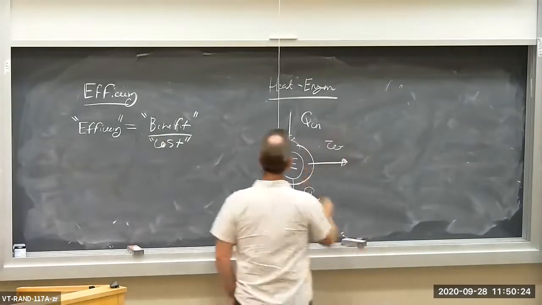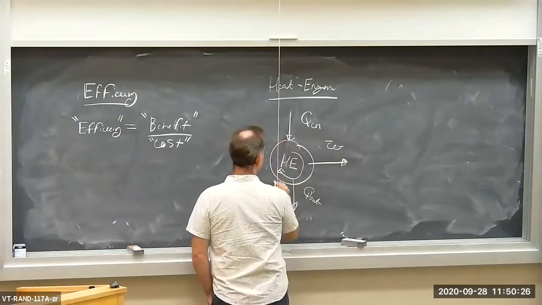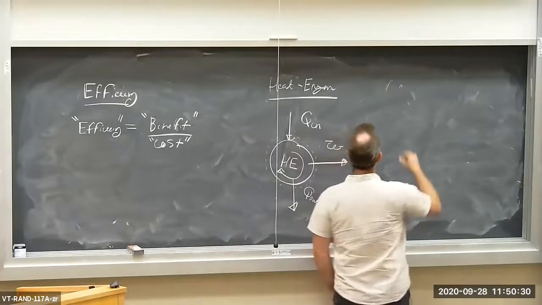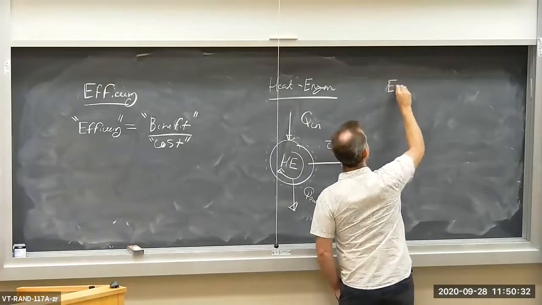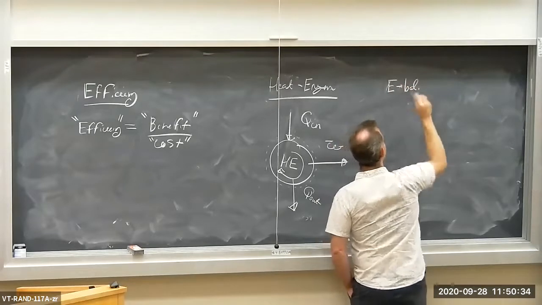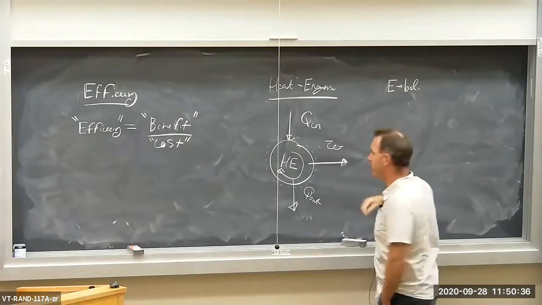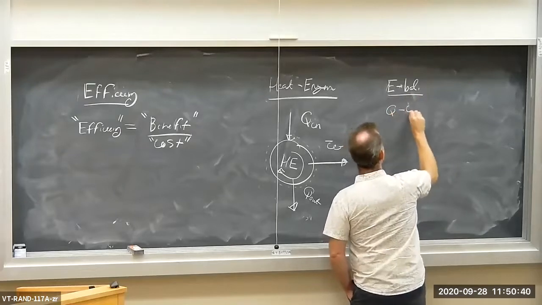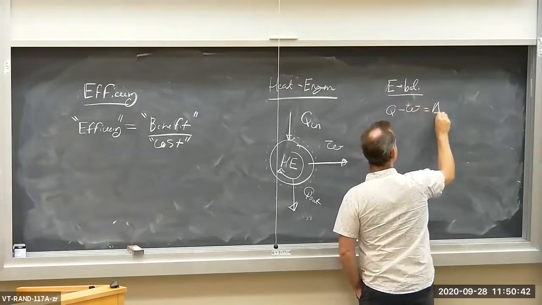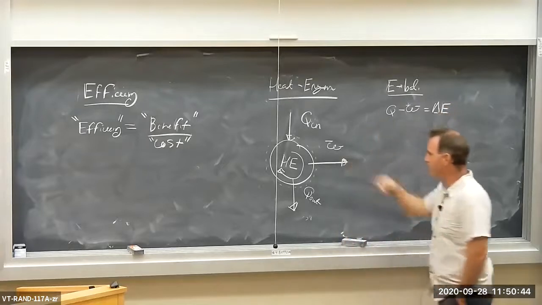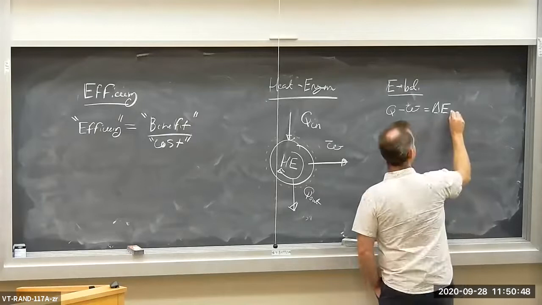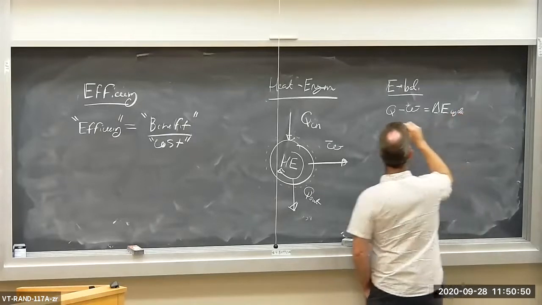By the way, if you apply the energy balance to this heat engine, we can get an expression for Q out. Let's see, E balance. Q minus W is equal to delta E. Now, this is a cyclic device, so we're going to apply this equation over the cycle.